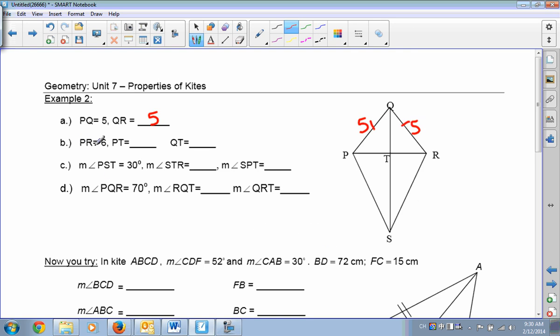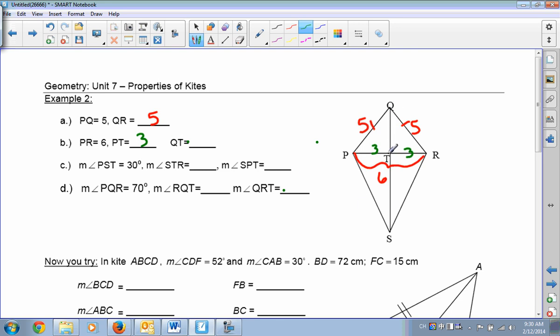Okay, PR, the whole distance across, is 6. So what would PT be? Yeah, you're just cutting it in half. So this is 3, and then this one would also have to be 3. So PT is 3, but now it's asking for QT.